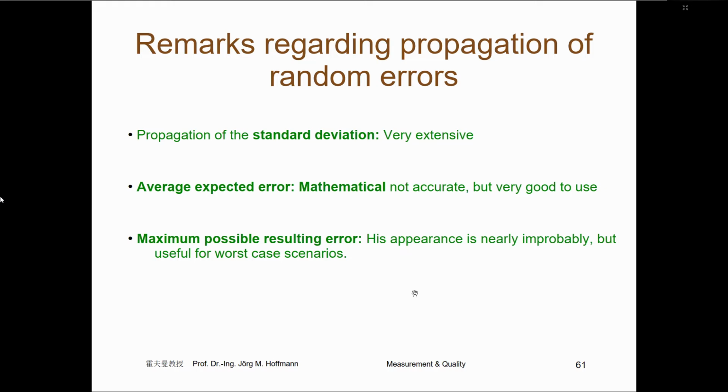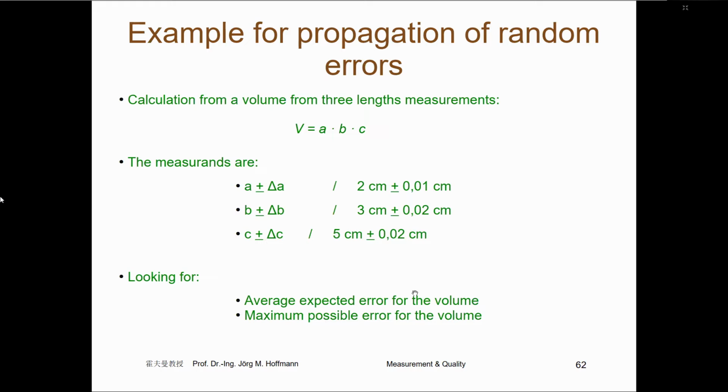So, that it will be a little bit clearer, I would like to show you an example. We have the calculation of a volume from 3 length measurements. This is very easy because A multiplied with B multiplied with C is the volume.